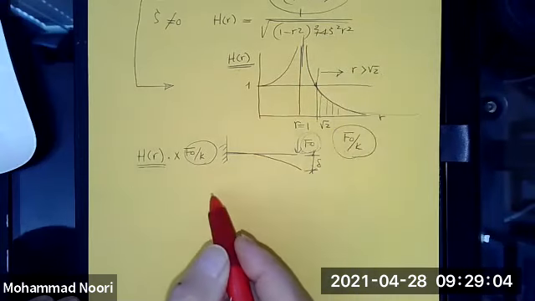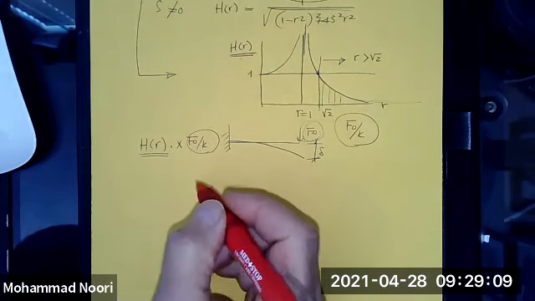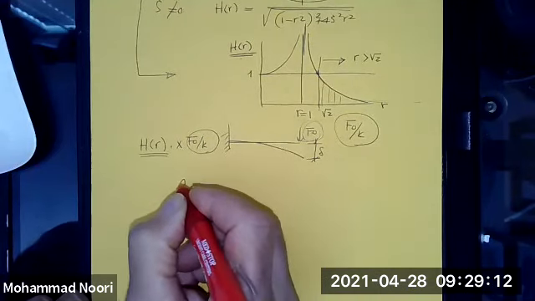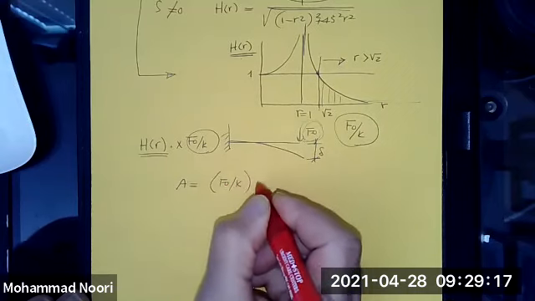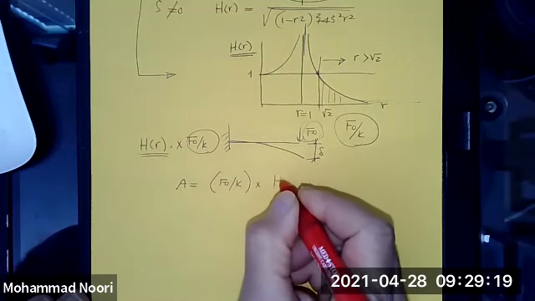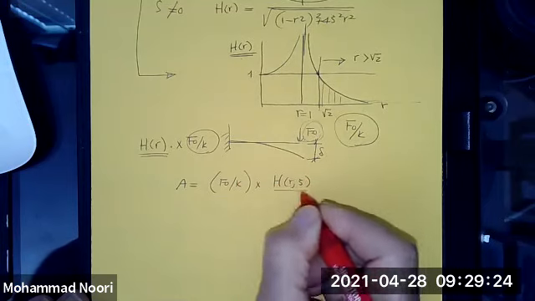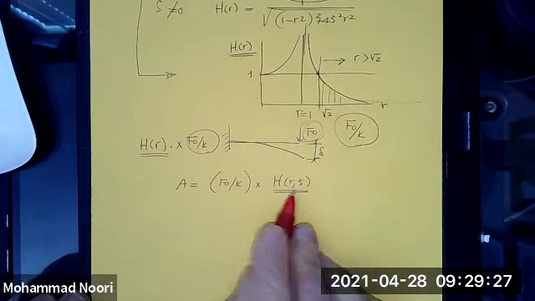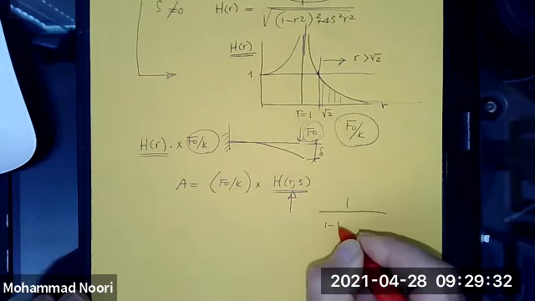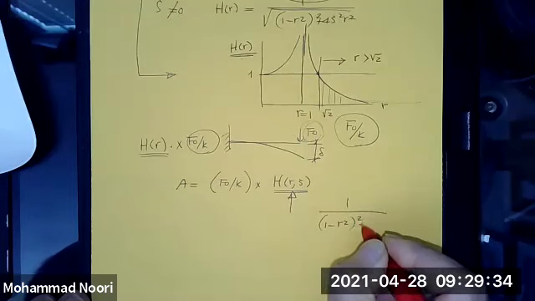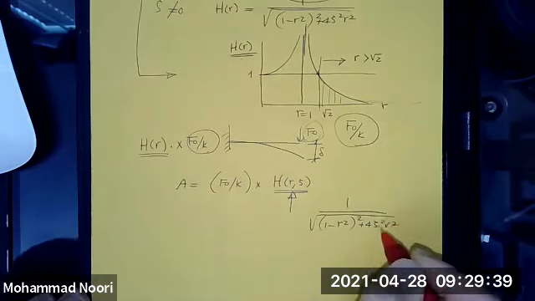Now, what happens in this case when, as we said, the amplitude is F0 over k times this function, H of r, which is no longer a function of only r, but also a function of zeta, where this function is the square root of 1 minus r squared, plus 4 zeta squared r squared.